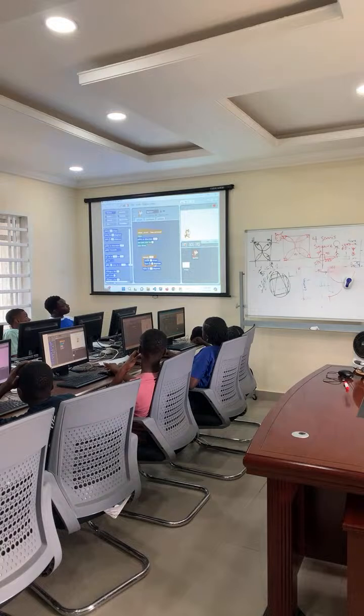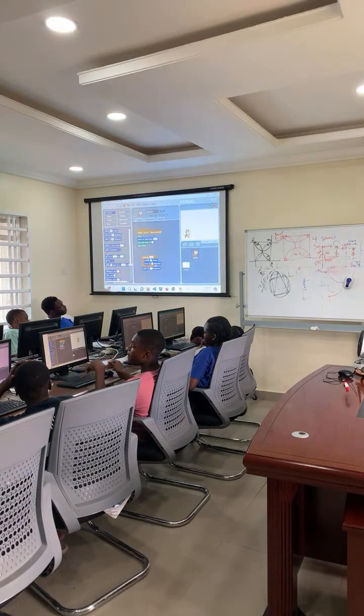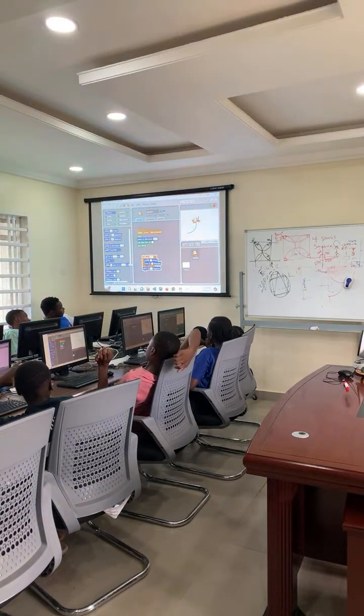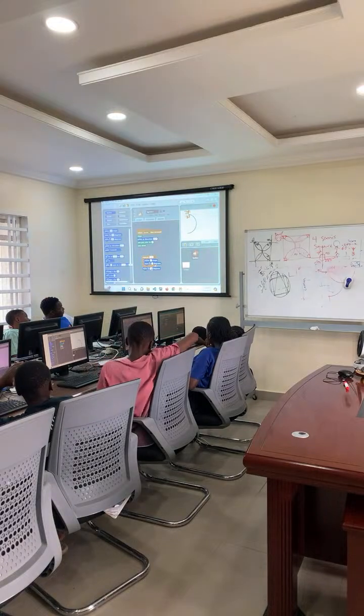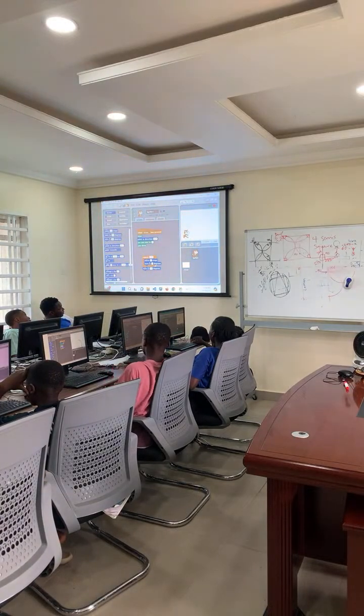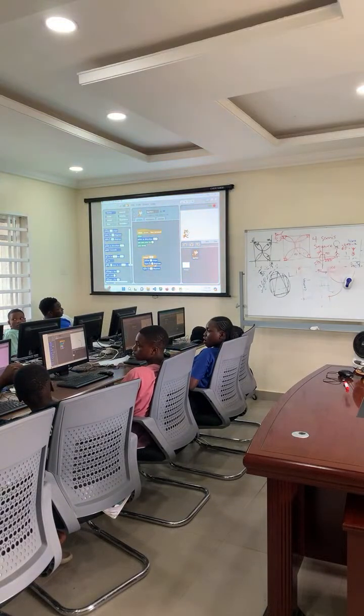Now I'm going to click this for the first time. Everybody eyes on the board. So once I click this, I've not changed this to 90. Okay. So I'm going to bring this down. What are you guys doing? So I'm going to tell it to turn 90 degrees from whatever direction it's facing.